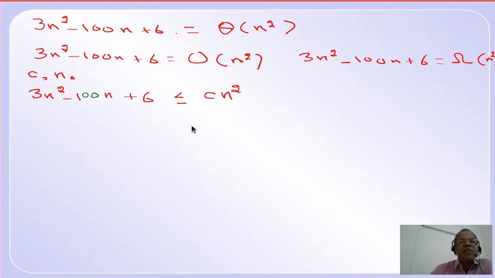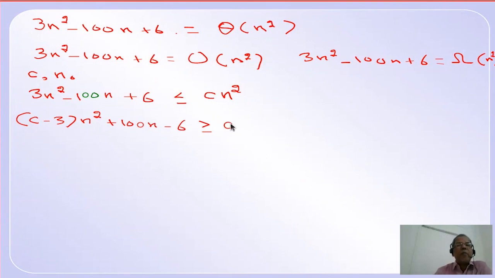Can you choose a value for c? Let me try. This would mean bringing all these terms on the left to the right. So c minus 3 times n squared plus 100n minus 6 is greater than or equal to 0. Now let me put c equal to 3.